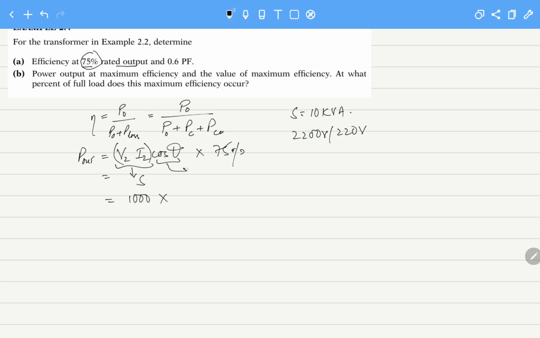What is cos theta? It is also given: 0.6 is the power factor. And this is 0.75. So the P output for our transformer in this case, the real power output because of a very poor power factor, is 4500 watts. So this is one thing we have calculated, P out, that is 75% of the rated output.